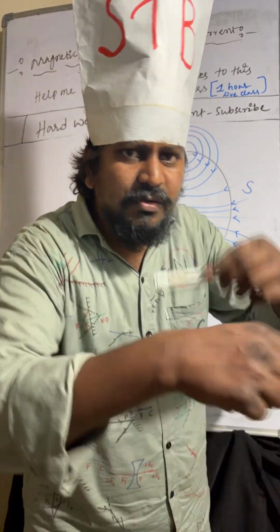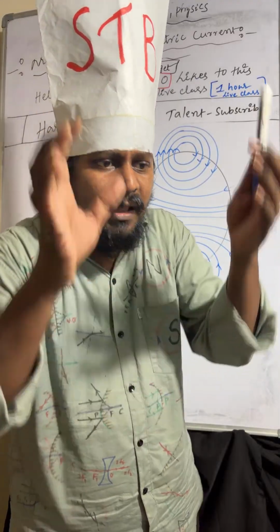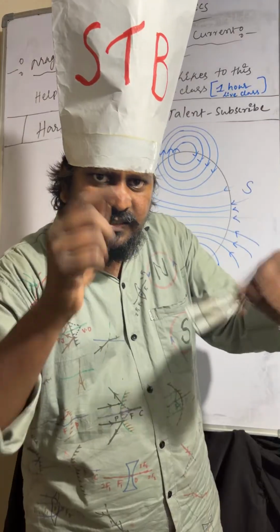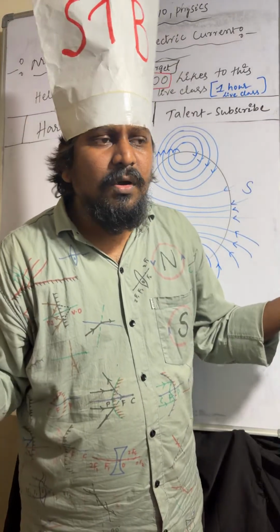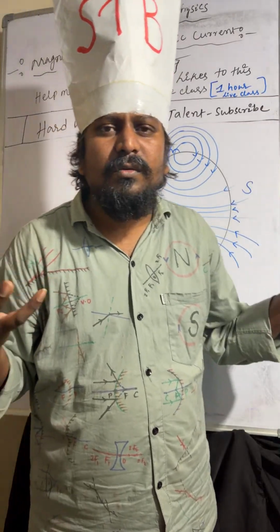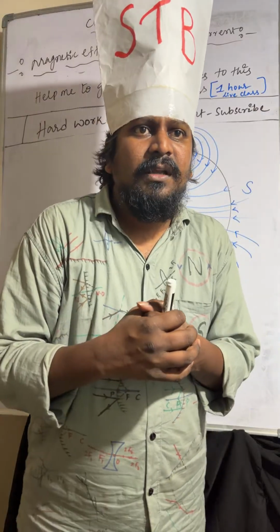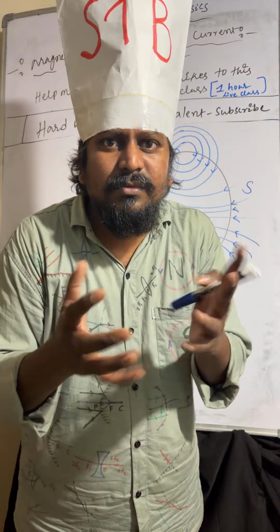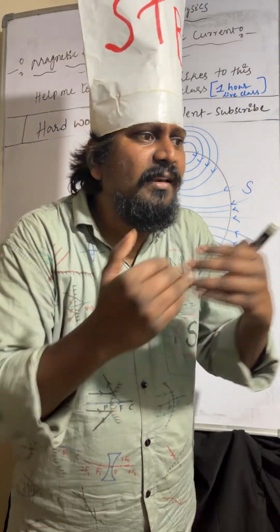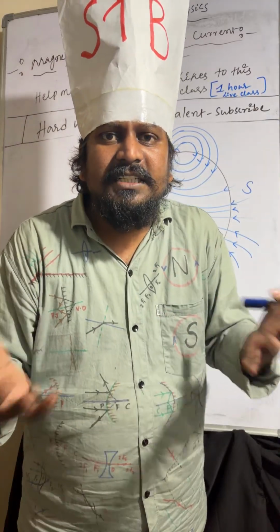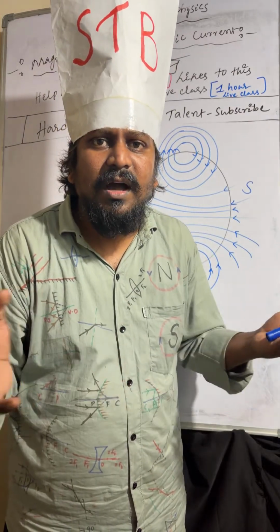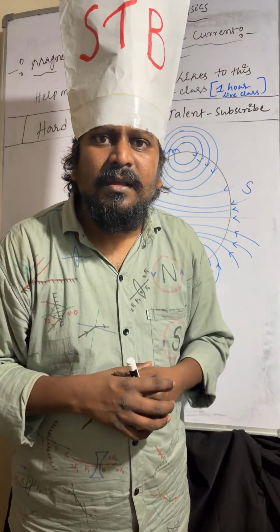If you connect to the circuit, it acts as a magnet. Some people will say like this. How to take the directions, and what is the difference between solenoid and bar magnet?